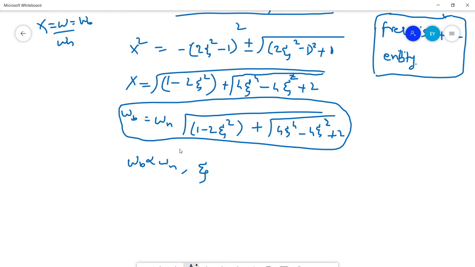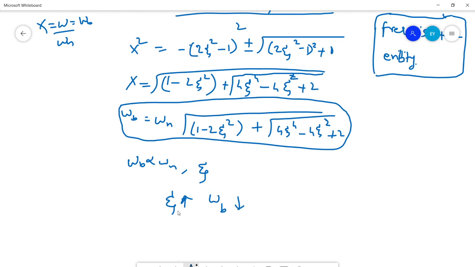Actually it's directly proportional, but zeta is a function of a root. So what happens if the root value is increasing? Bandwidth will decrease. If zeta increases, omega b will decrease.